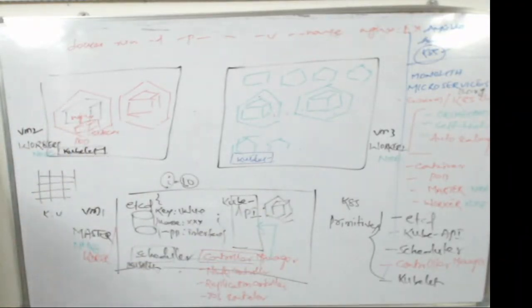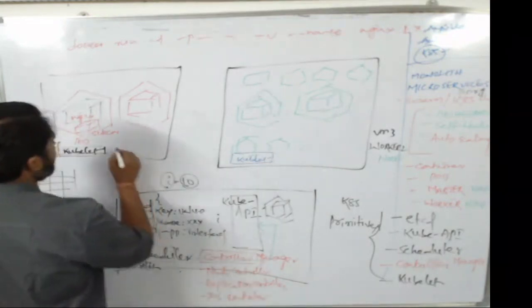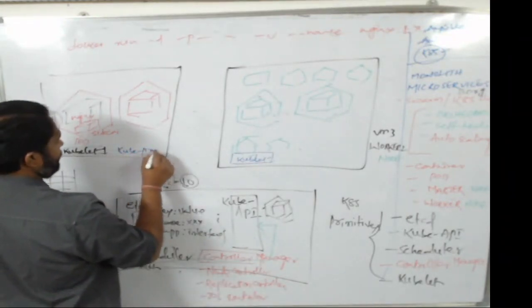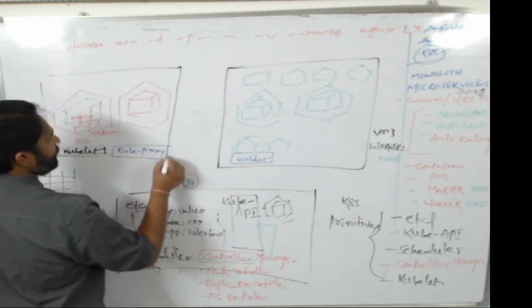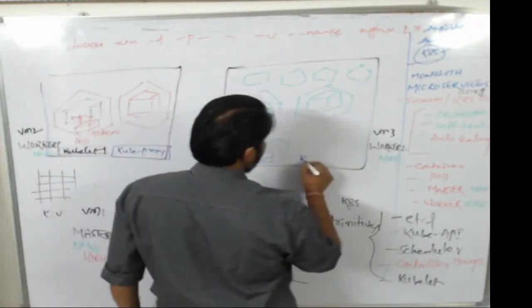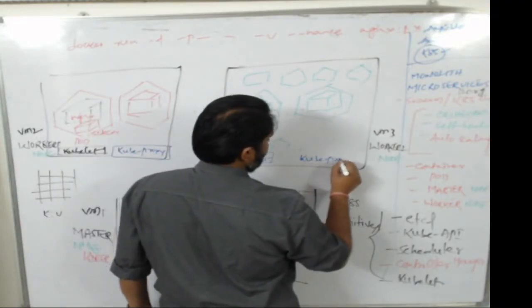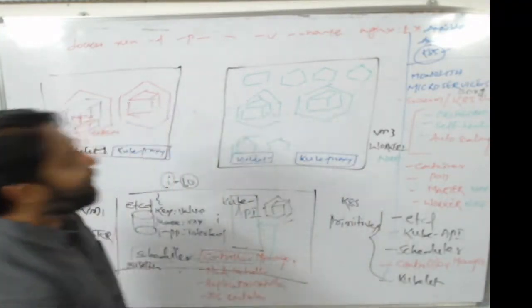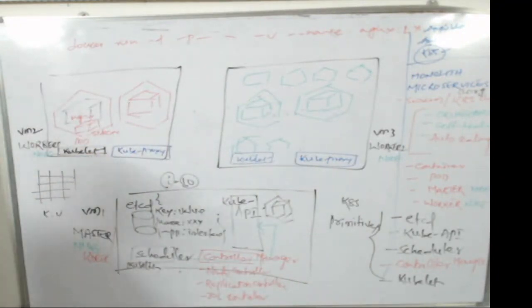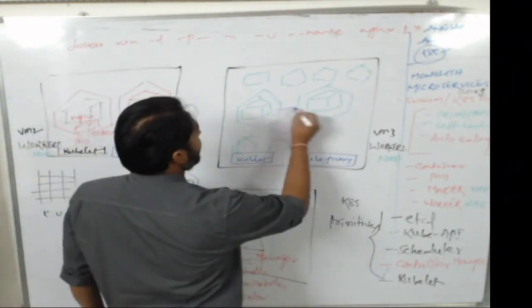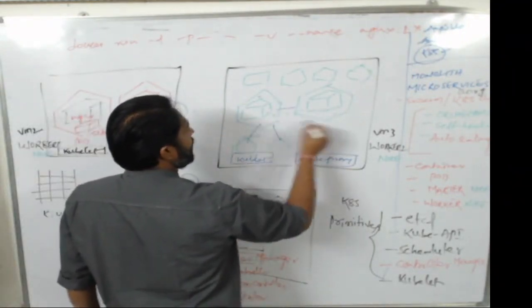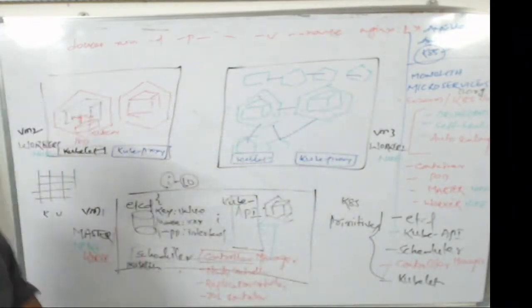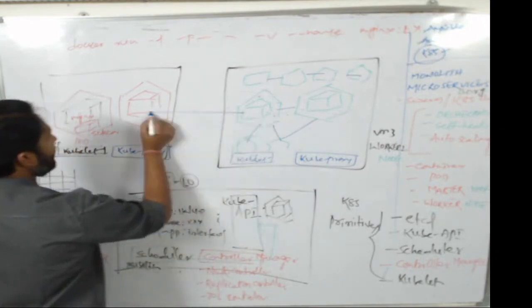The next and the last primitive is kube proxy. Now the kube proxy is the network component. It is responsible for making sure the pods are able to communicate with each other within a node and from node to node.